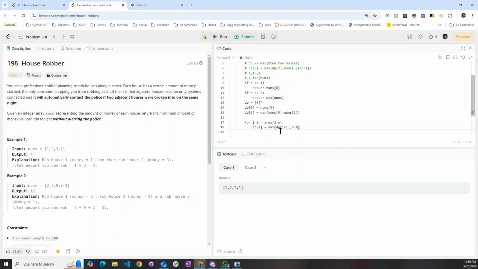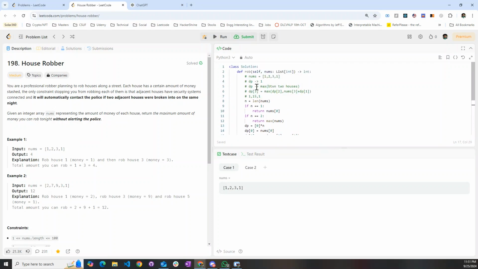Or we choose the current house, nums of i, plus dp of i minus 2. We go two houses behind, right? That's the way we are going to decide. I think that's pretty much the code, and then we just return the last element of the dp array. I think this should work.